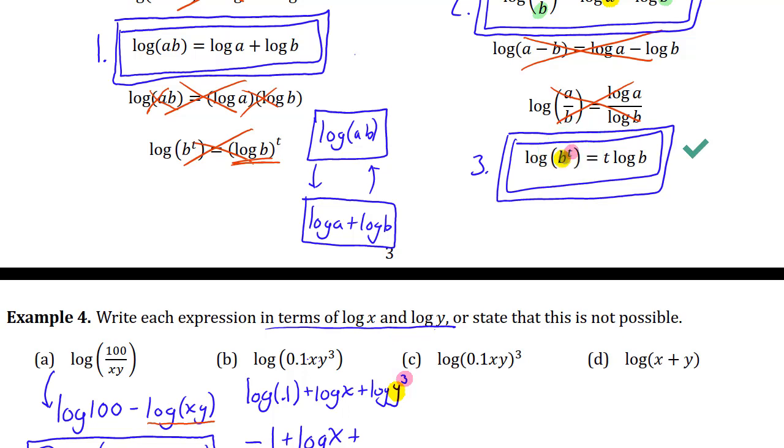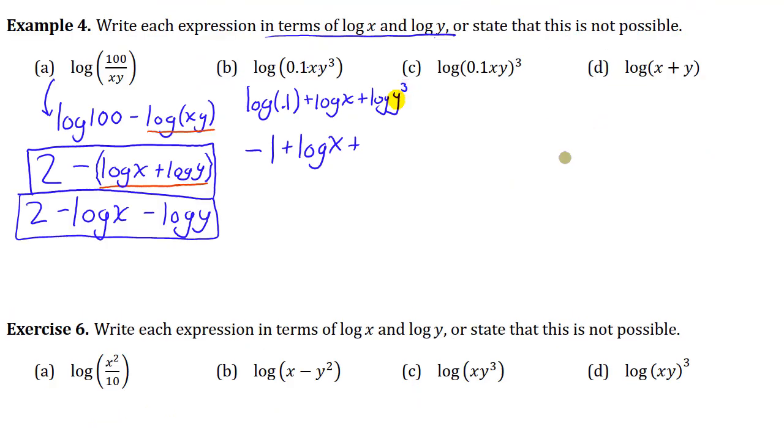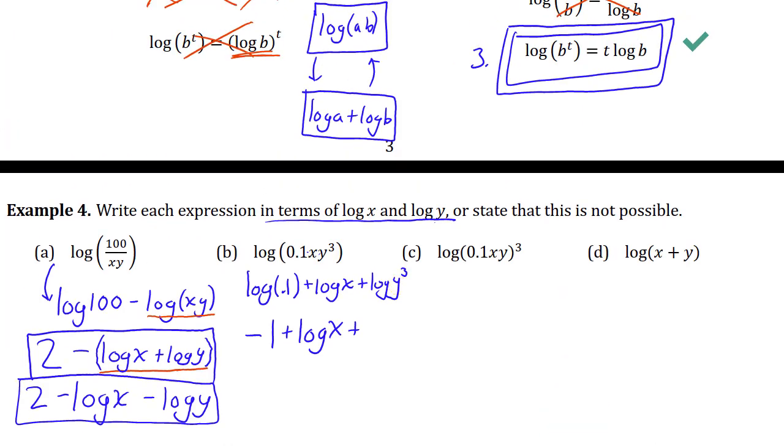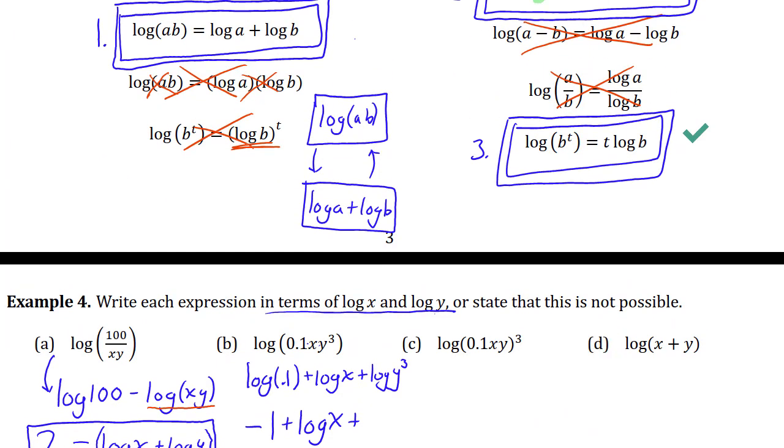So we can use log law 3 now. And what this says to do is take the exponent t, and you can write it on the outside and multiply it by that result afterwards. So that's a 3 here. We're going to write this as 3 times log of y. And that's that one.